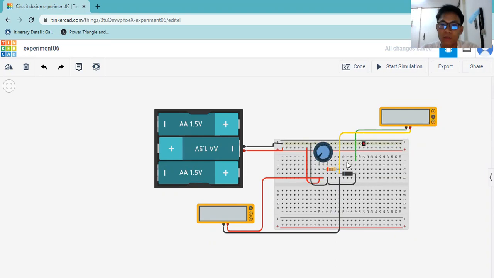We want to measure the voltage across the diode, and also the current across this resistor. So we are now going to start the simulation.